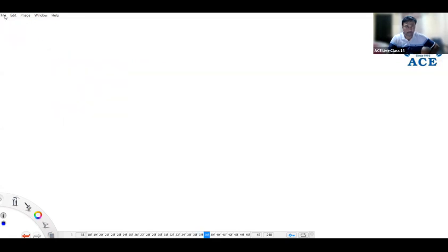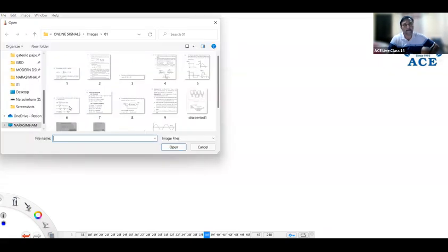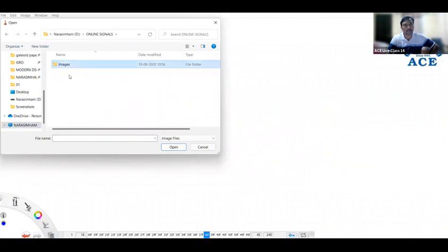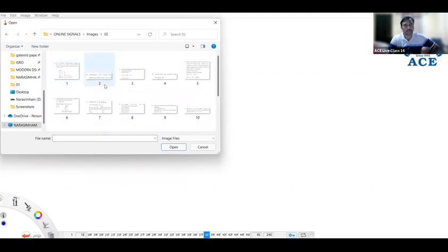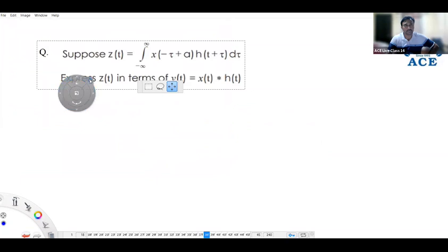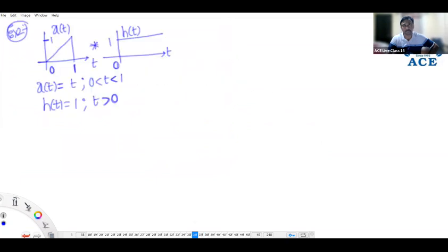Make a try. According to the thumb rule, what are the limits now? 0 to infinity.